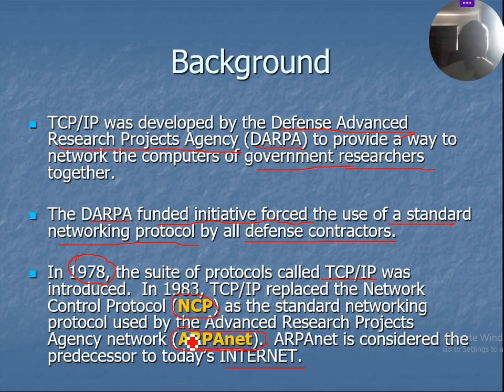What we now call the internet was previously ARPANET, before the name was changed. Internet comes from internetworking. So this is the background of how the TCP/IP protocol was given birth to, and the agency behind it.